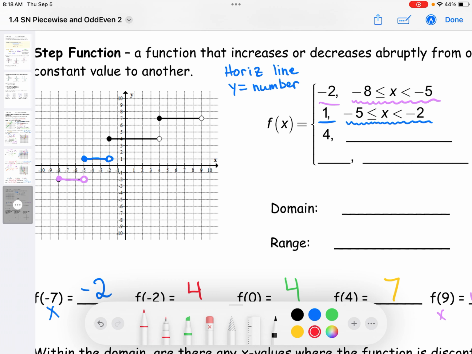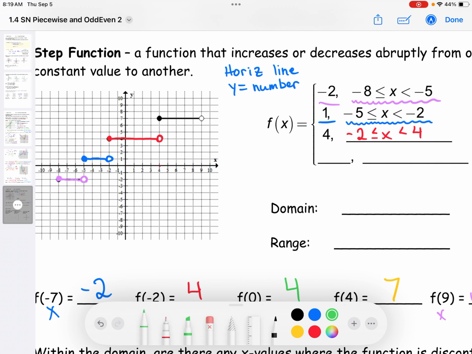Next step is at 4, and we need to fill in its domain. -2 is a closed starting point, so -2 less than or equal to x. And then this continues until x equals 4, and that's open. So this would be less than 4.